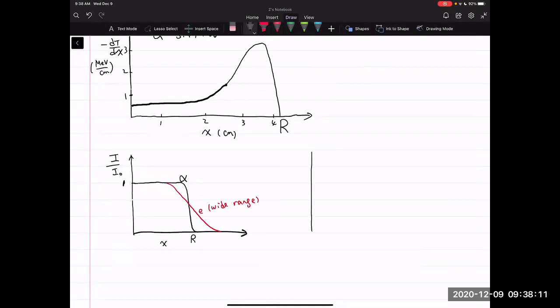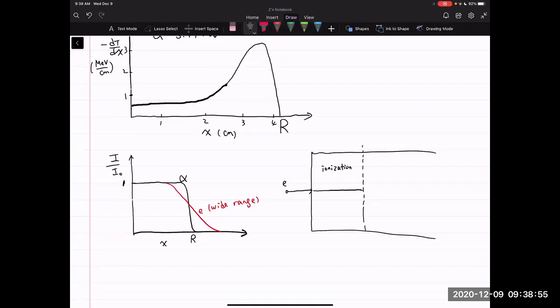Now, if I draw a schematic figure, so like I said, this is the material, it's a bulk material. When we send in electron beams towards the material, initially the electron is going to interact mainly with the electrons inside the material and cause the ionization process. So let me draw a rough cutoff range. In this region, the electron is going to cause ionization of the material.